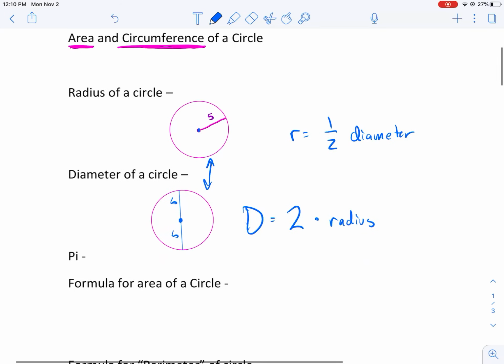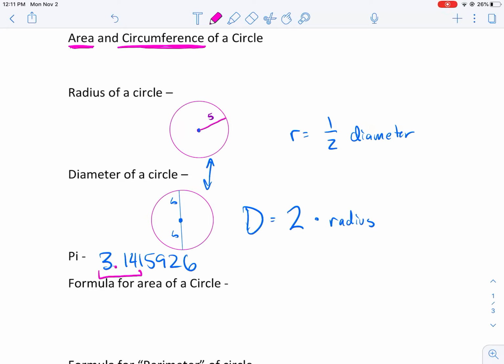Okay, pi. Well, pi is just 3.14159265... Normally we more or less focus on 3.14, right? But in your calculator, I probably should grab my calculator because I know I'm going to use it.